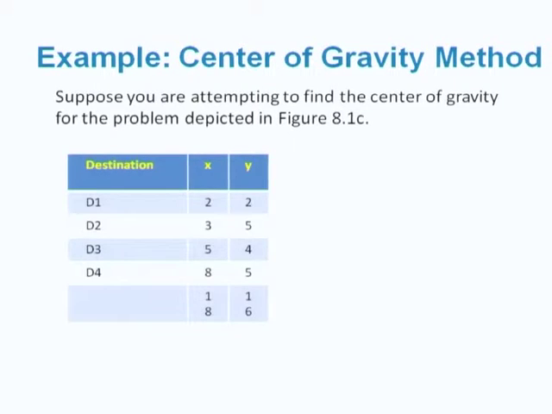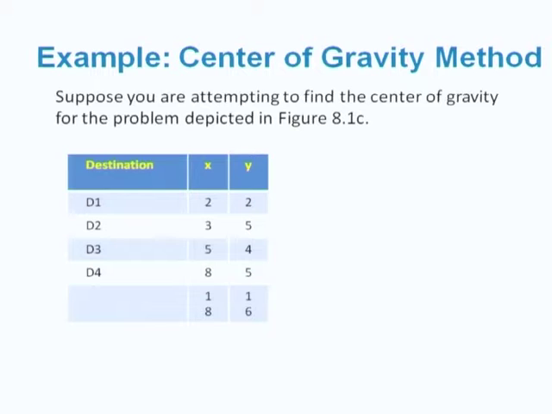Let's take a look at an example. There are 4 destinations, D1, D2, D3, and D4. And each destination has its own coordinates.